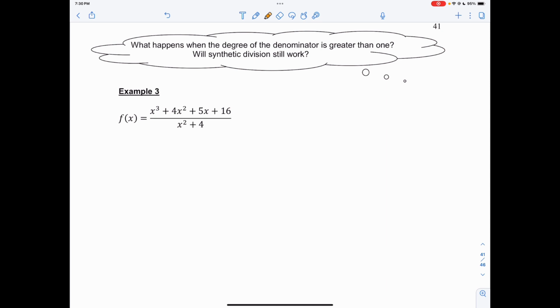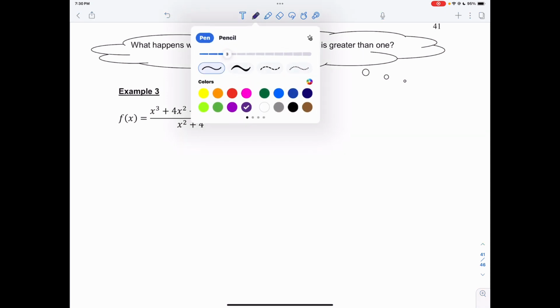So, what happens when the degree of the denominator is greater than 1? Will synthetic division still work? Well, in this case, we're going to use long division.